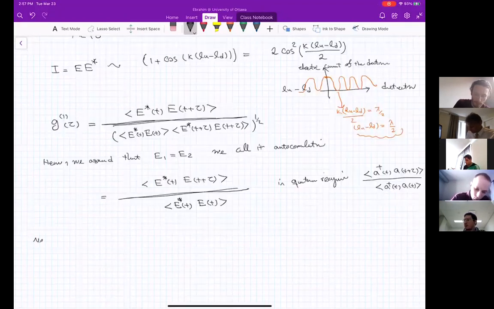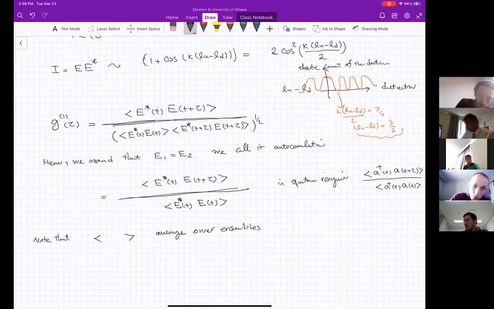Note that the bracket notation that we use here means average over ensembles or time. So if you stay stationary, then you will do the average over time. If you have many, many different samples, then you have to do the average over the ensemble.